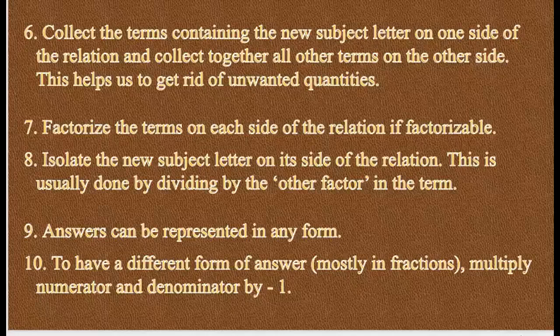If you're asked to make x the subject, let every x be on one side. If you're asked to make E the subject, let every term with E be on one side, while the rest that do not have that letter should be on the other side.